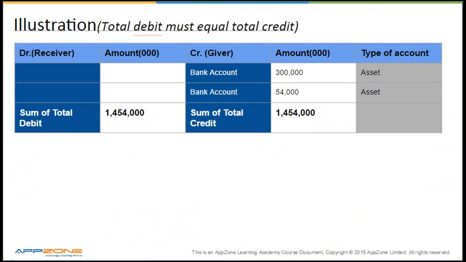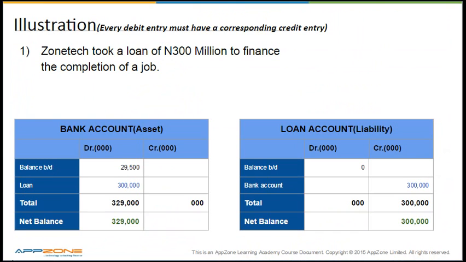Like I mentioned earlier, if this was not the case, then it simply means that a particular leg of a transaction has not been recorded, hence we will have an incomplete record. Now we will be moving on to our next rule that says every debit entry must have a corresponding credit entry.